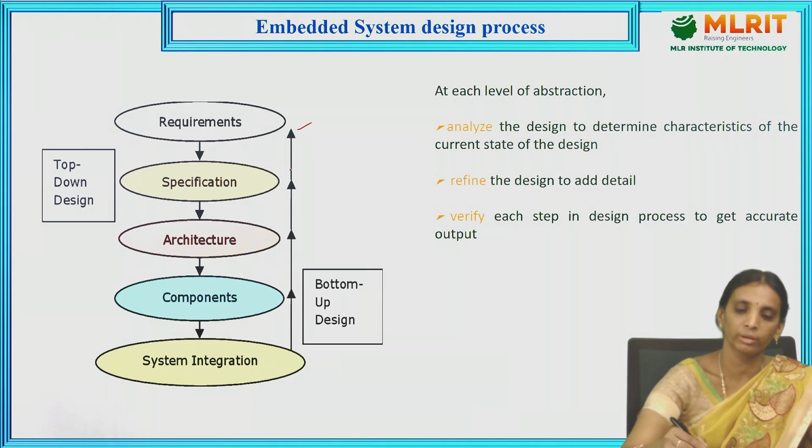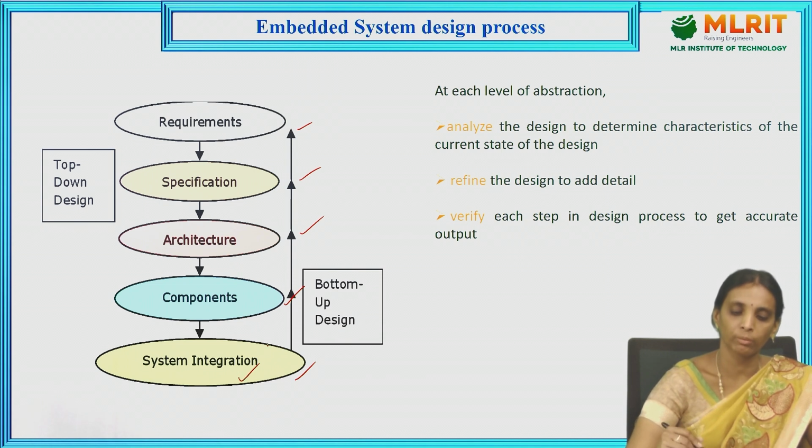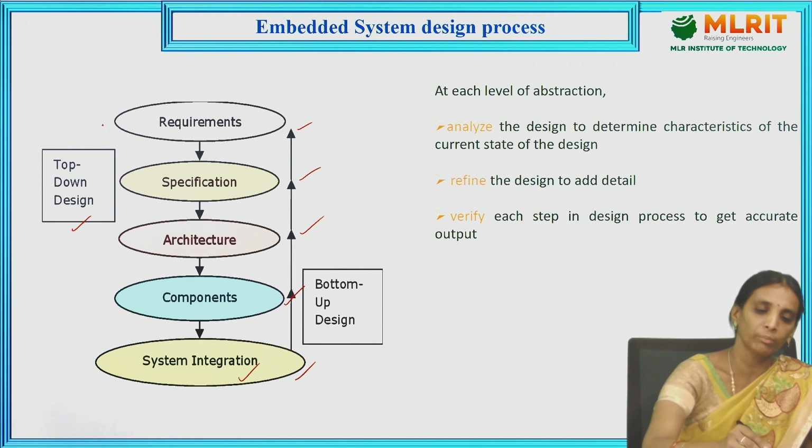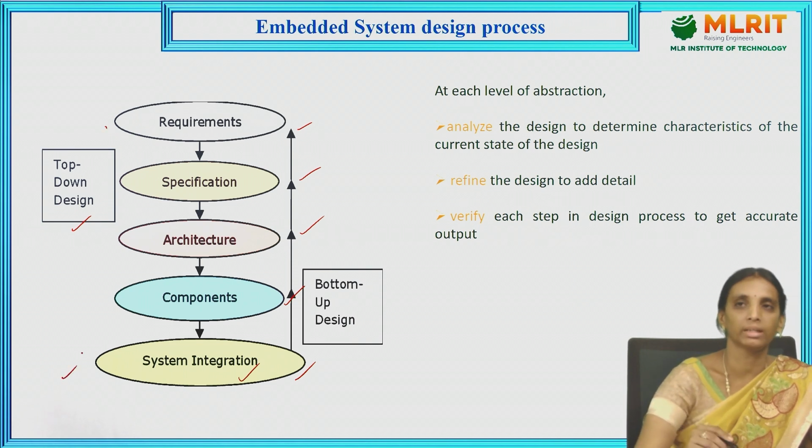There are many steps in the embedded system design process. The first step is requirements, the second is specification, the third is architecture, the fourth is components, and the fifth is system integration. The top-down design goes from the requirements to the system integration.